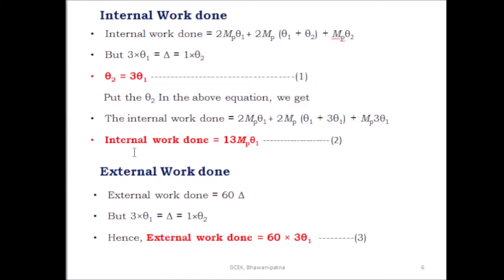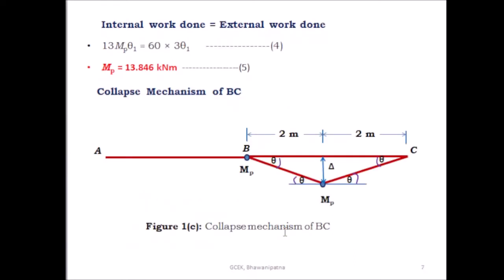So here you know the internal work done and the external work done. After equating the internal work done to the external work done, you can find the plastic moment. Internal work done is 13 MP theta 1 and the external work done is 60 into 3 theta 1.